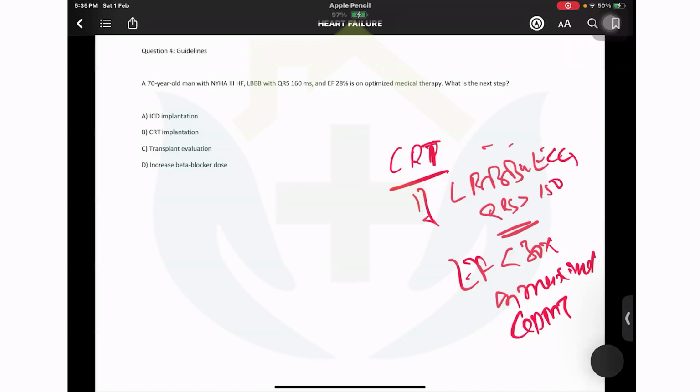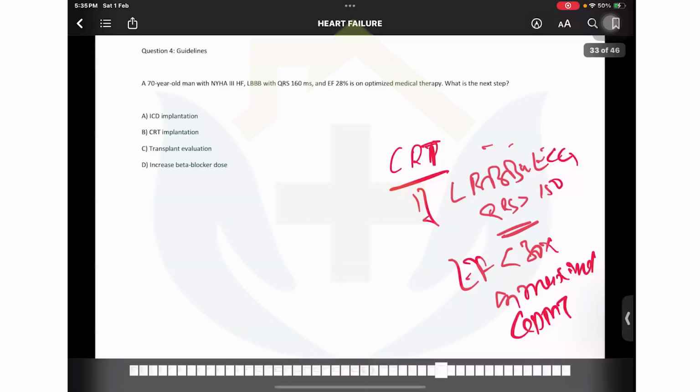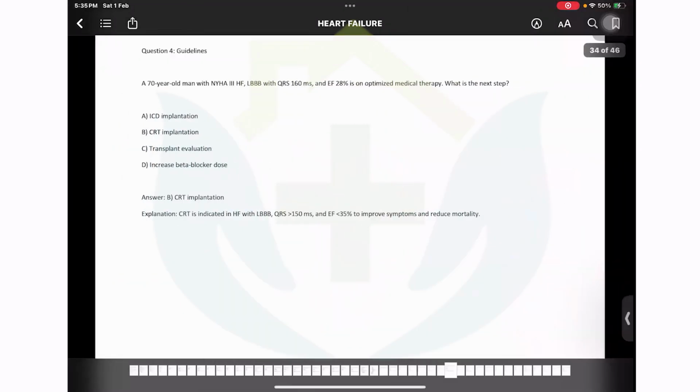So that is the indication for CRT. Here the QRS is more than 160, EF is only 28% and optimized medical therapy. So what are you going to do next? I've given you the answer. CRT. So this patient will need CRT, okay, to improve the symptoms and reduce mortality.